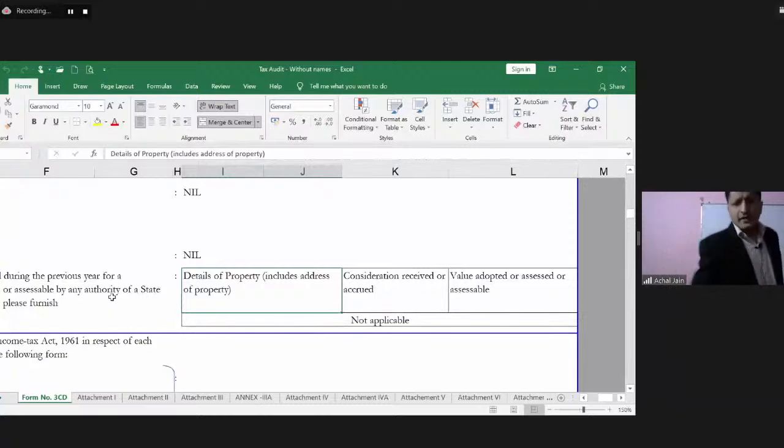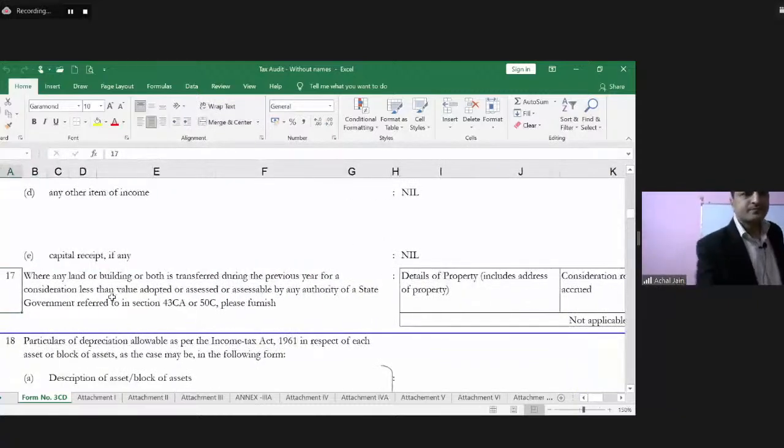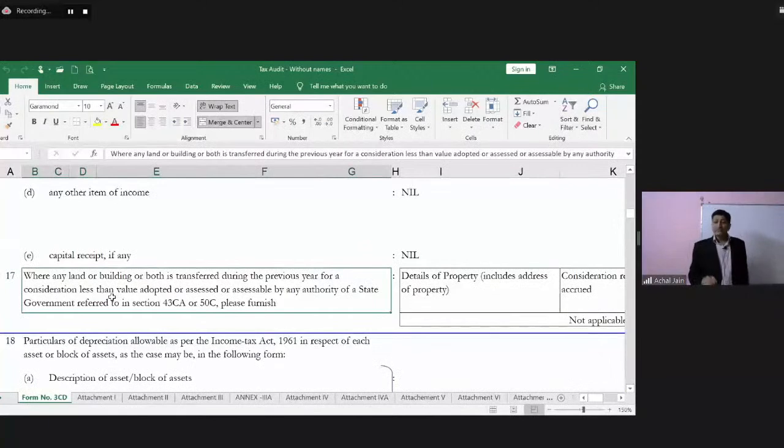So coming back to the requirement of the clause, it says if there is any land or building or both. So let's suppose this building has been transferred for a consideration less than the value adopted or assessed or assessable by an authority of a state government. Let's suppose there is a building for which the value at which it should have been transferred was 10 crore.